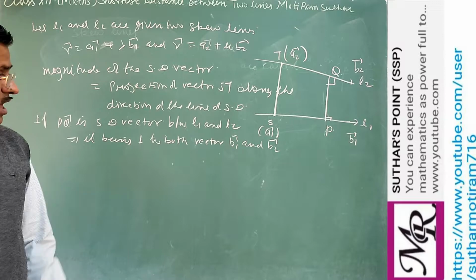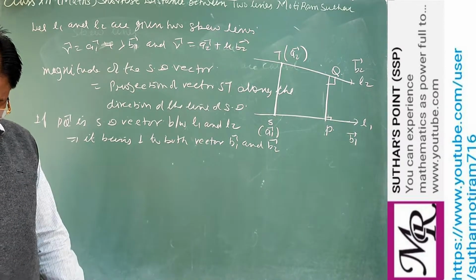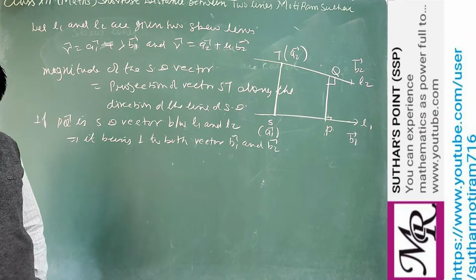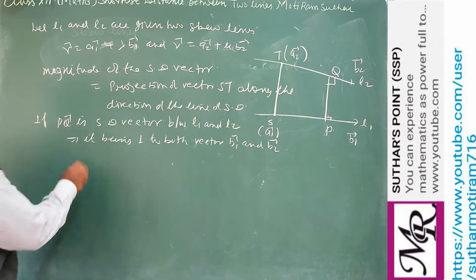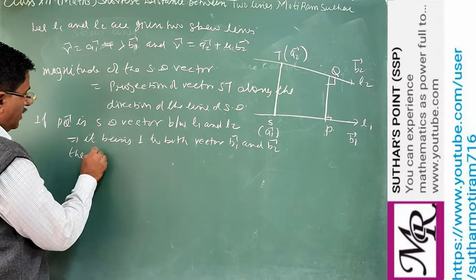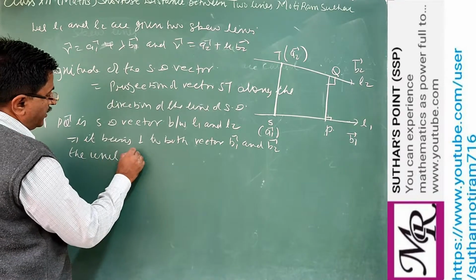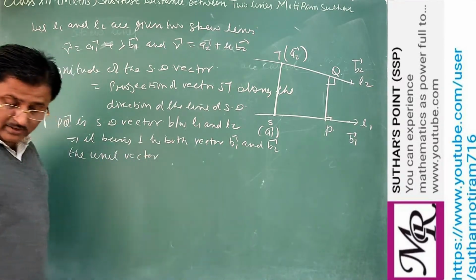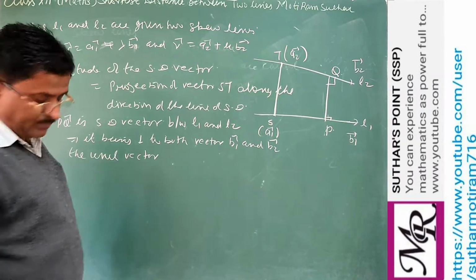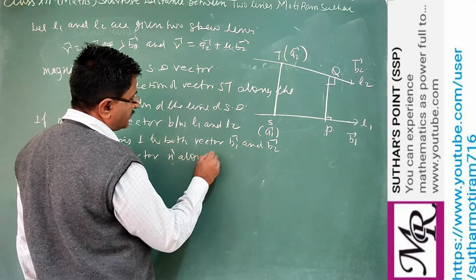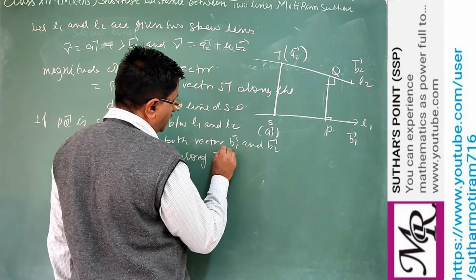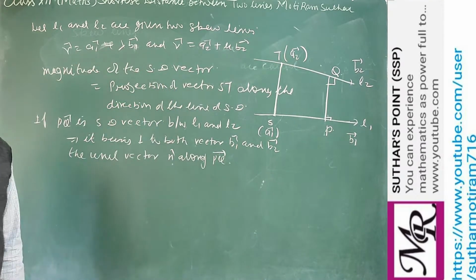Then the unit vector n cap along PQ, means again vector PQ but with magnitude 1.